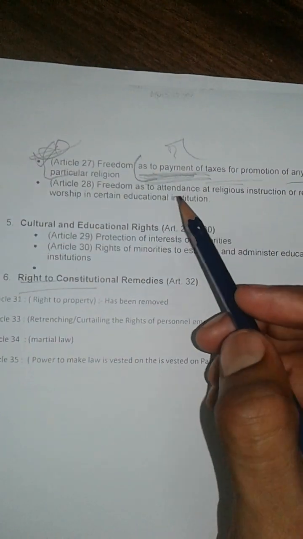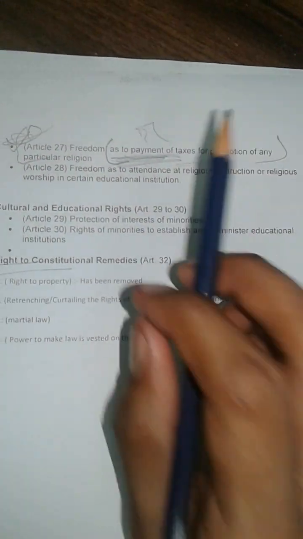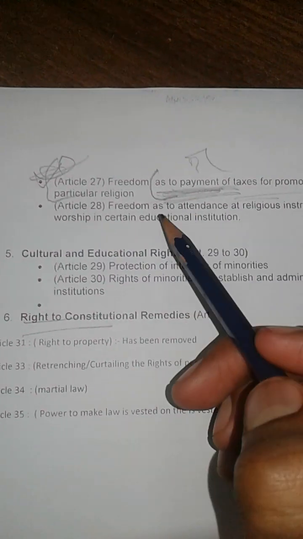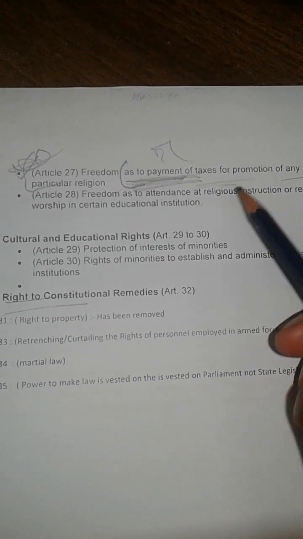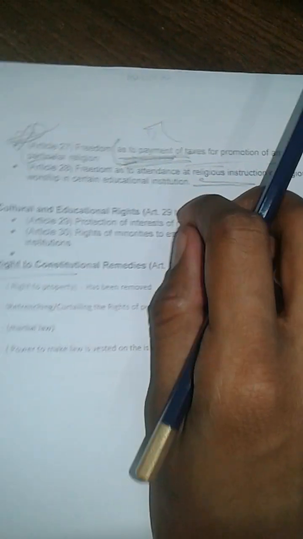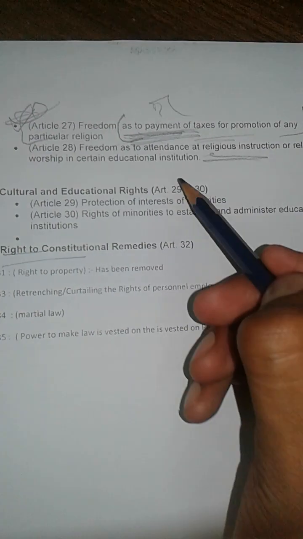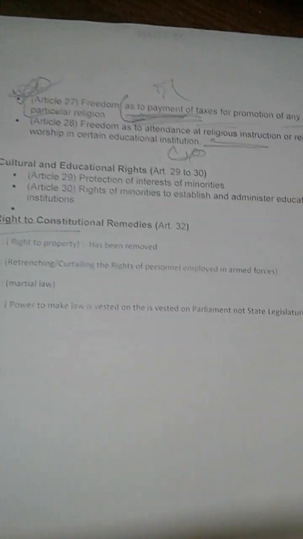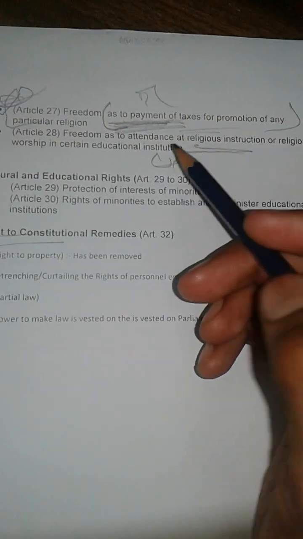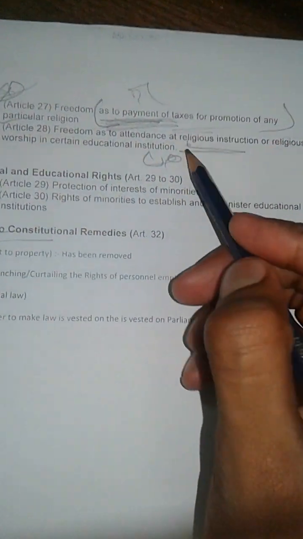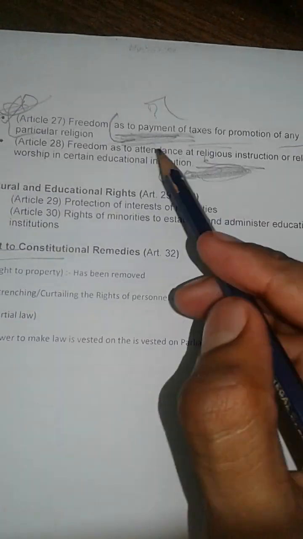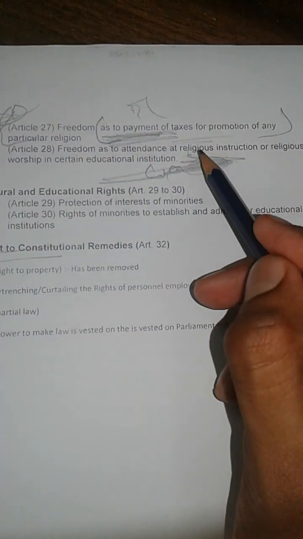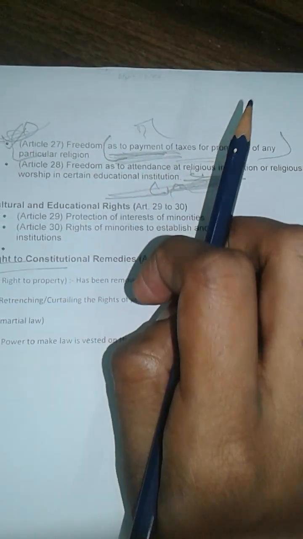Article 28 deals with freedom as to attendance at religious instruction or religious worship in certain educational institutions. For example, if any school is funded by the state, then in that school no promotion of any particular religion can be done. It would become a violation of the fundamental rights of those children and their parents. Once again I repeat, this becomes a little bit complex.